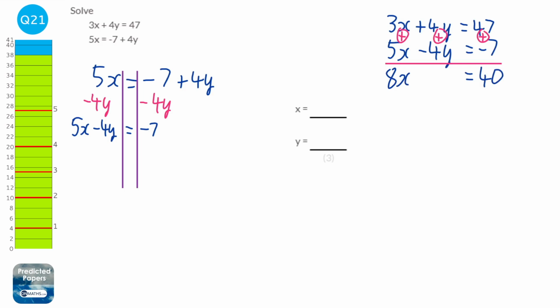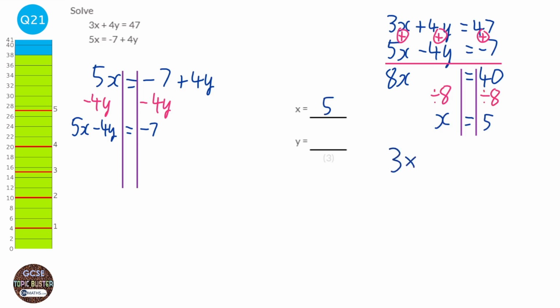All right. Let's put our solving lines in, and we're going to divide by 8 both sides. So we get x equals 5, and we're going to substitute that value into one of the equations. I'm going to pick this top one. So instead of 3x, we're doing 3 times 5 plus 4y equals 47.